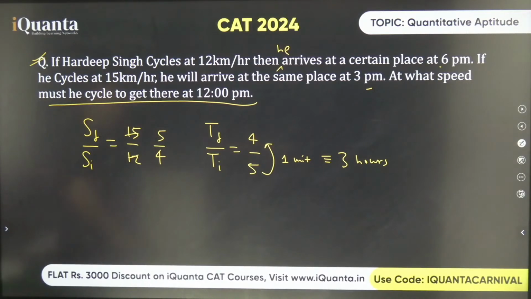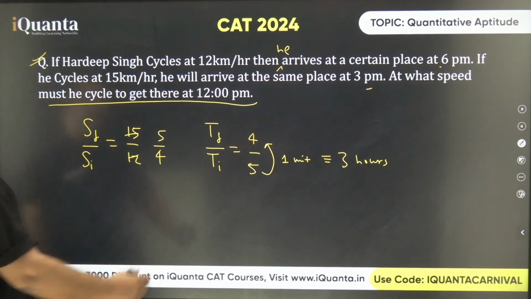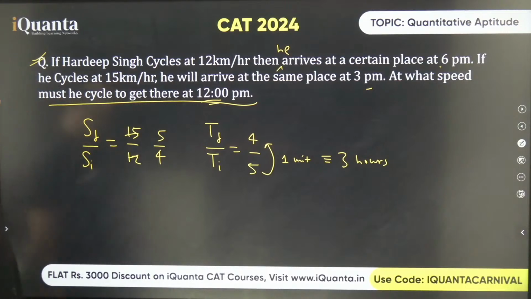Okay, so at what speed must he cycle to get there at 12 p.m. on the same day? What should we do now?